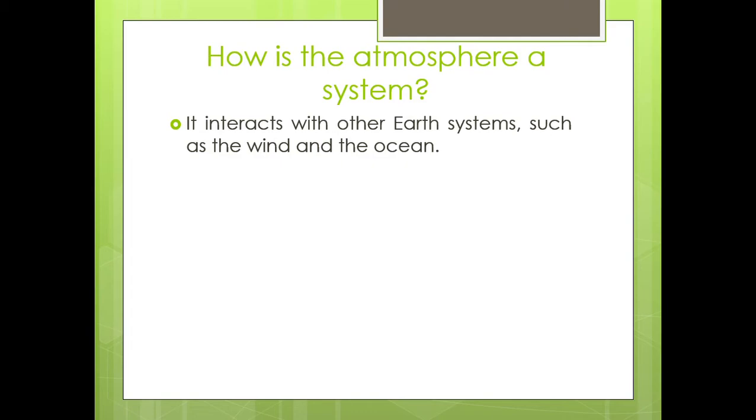It also interacts with the ocean because when water evaporates, it goes to the atmosphere. Then, because of low temperature, it condenses, and then we have precipitation, just like we studied before in the water cycle.